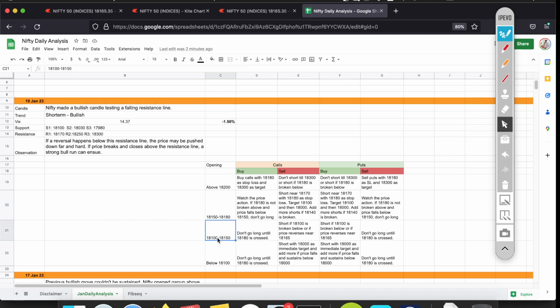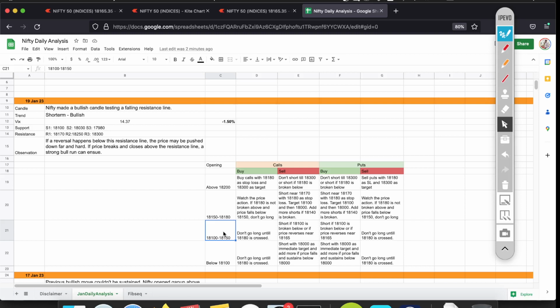So if price happens to open between 18,100 and 18,150, again, in this case, don't take any longs because price has opened below the range. You can wait and see if the price comes up to test the bottom of the range, like the 18,145, 18,160 levels.